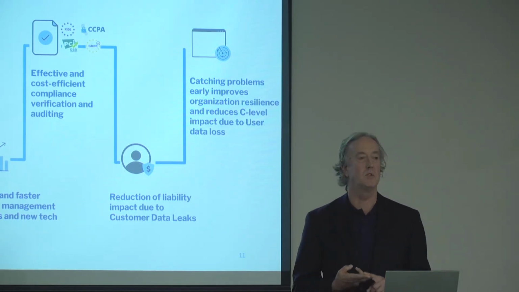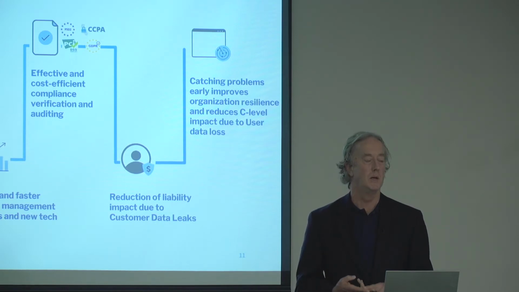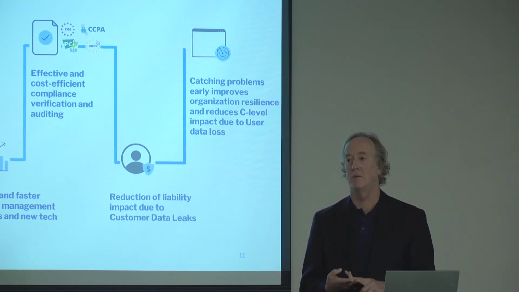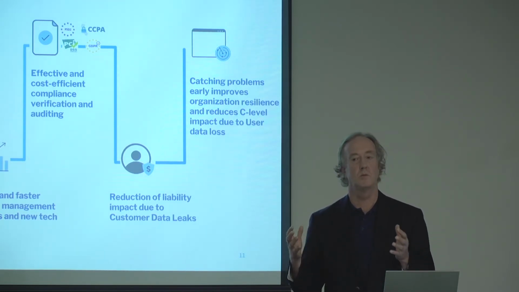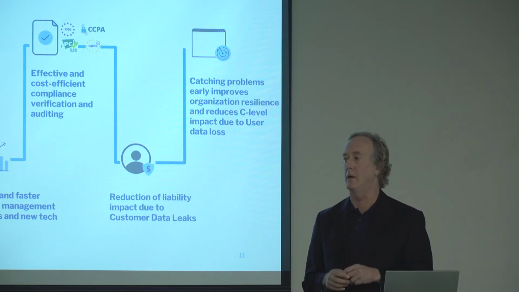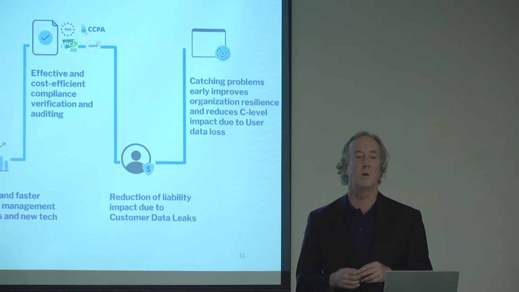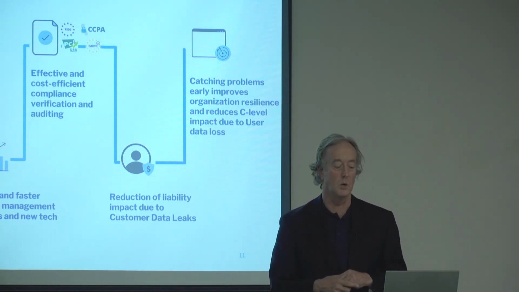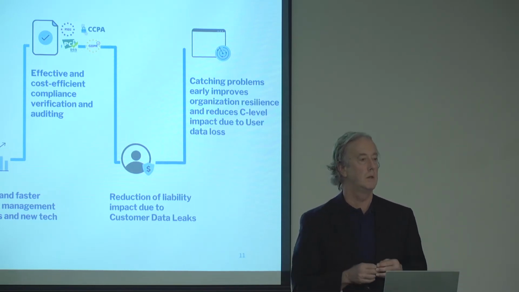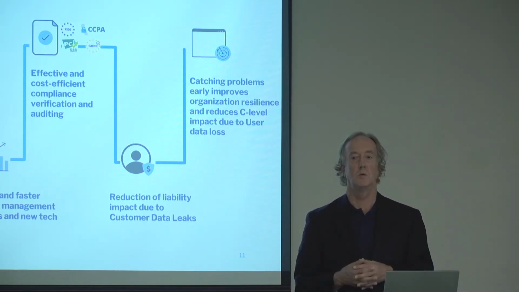PCI DSS version 4, not sure if you're aware, this spring just came out and said any site that has credit card processing on it, that credit card processing page, you have to have monitoring and some kind of control of all scripts on that page by the start of 2025. So, which isn't too far away, given all the dynamics working on organization. So there are things coming down the pipe that are going to push us to address this sooner than later.